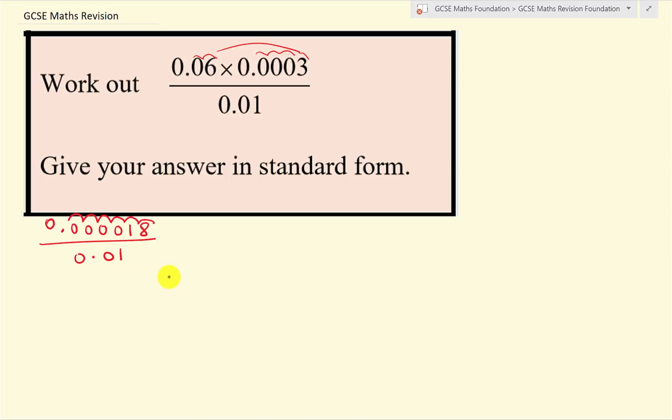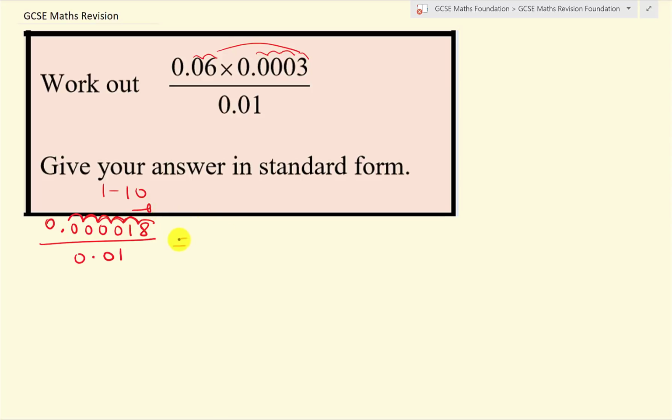Now change it into standard form. According to the rules of standard form, we need to make the prefix a number which is between 1 and 10. So we need to move it 1, 2, 3, 4, 5 places to the right.